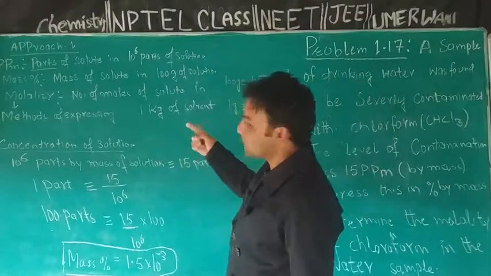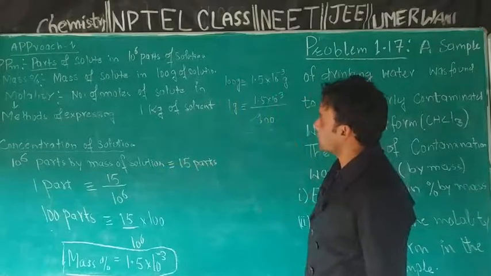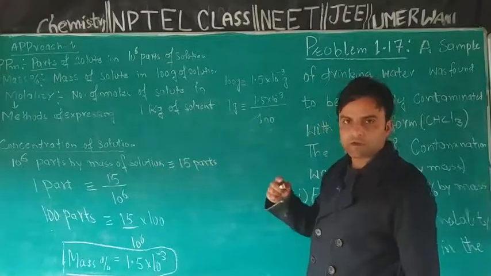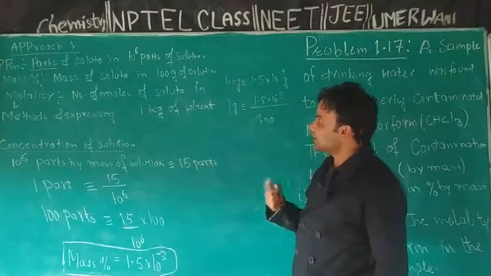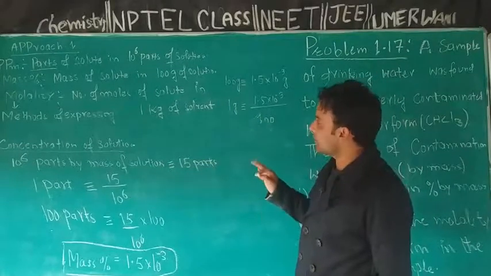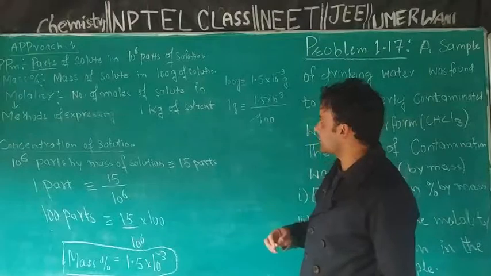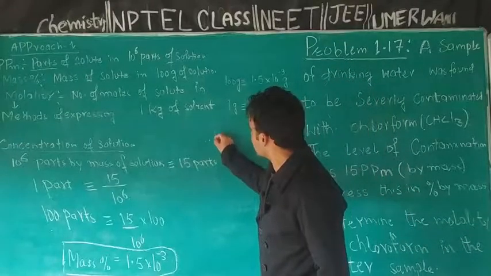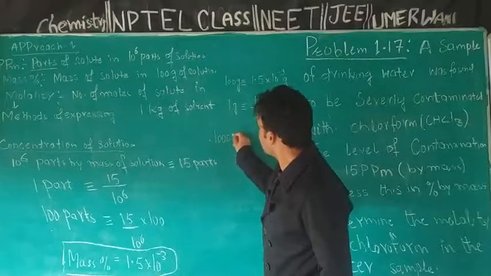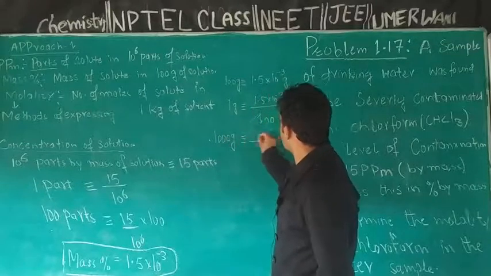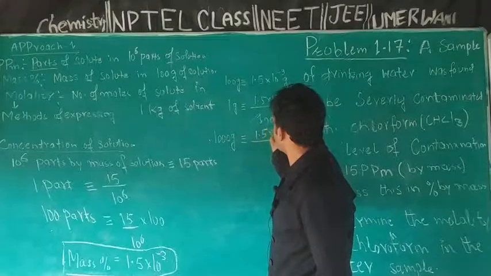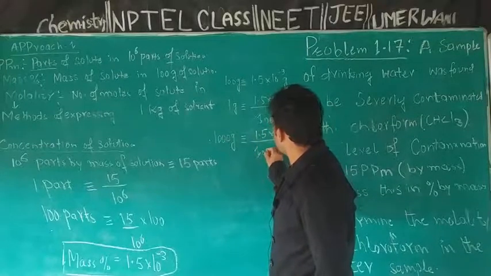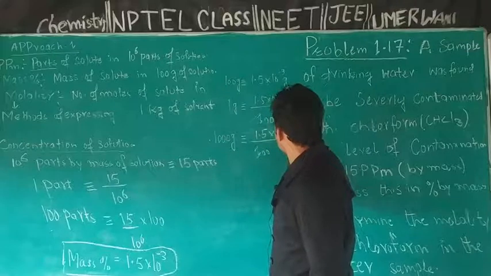Now I will calculate mass of solute in 1000 grams of solvent, and then I will convert grams of solute in terms of moles. 1000 grams will contain 1.5 into 10 raised to power minus 3 divided by 100 multiplied by 1000.